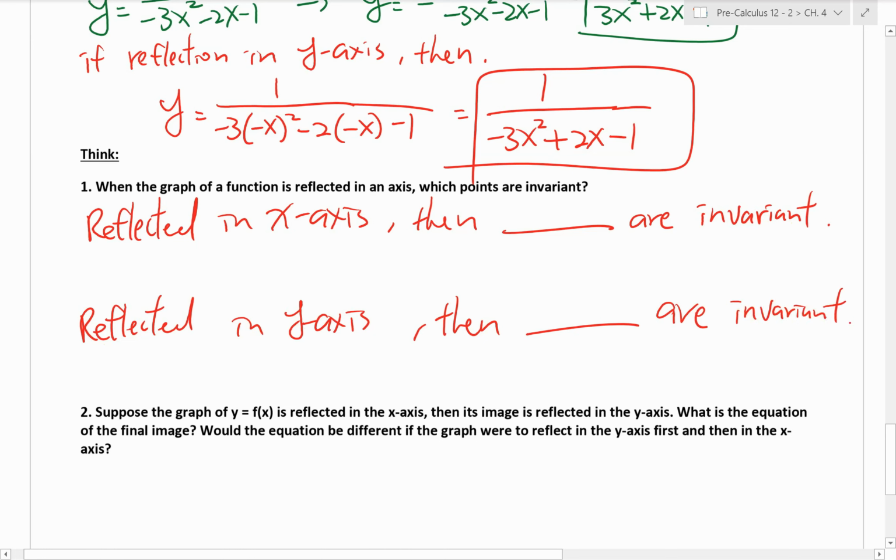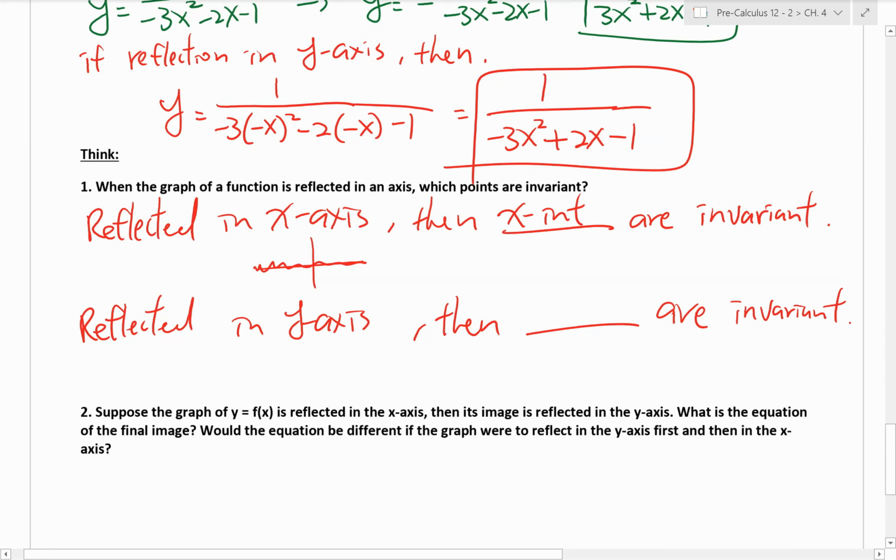If you think about this, if it is a reflection in the x-axis, the points on the x-axis will not change because that's what you're reflecting on. So it's not going to reflect. So the x-intercepts are invariant.